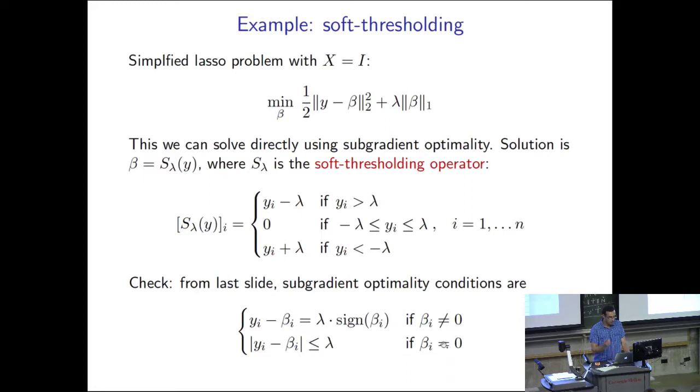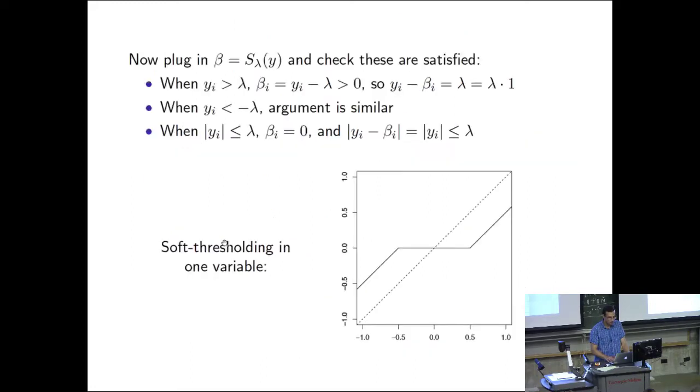So let's just look at one i and try to verify this condition with this particular form for beta.